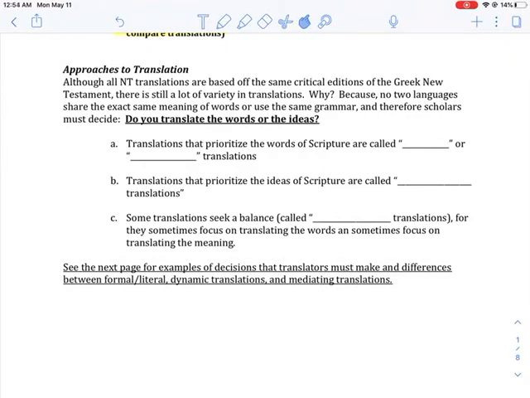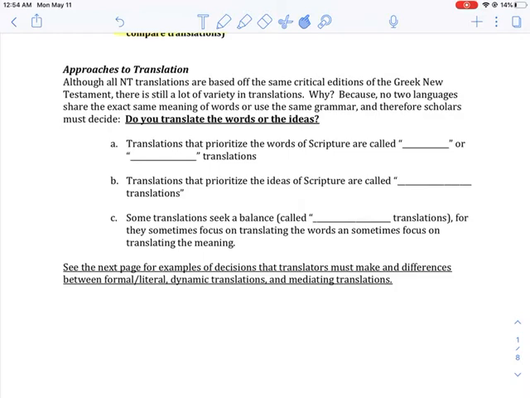So with that in mind, let's begin by talking about approaches to translation, the general and basic decisions that must be made. Again, all Bible translations use the same critical editions of the Greek New Testament, the Nestle Aland and the United Bible Society.